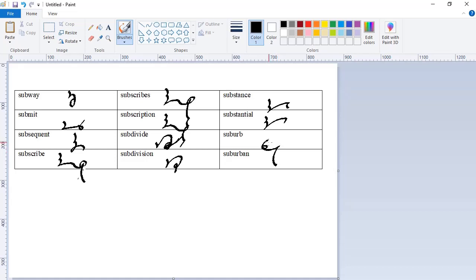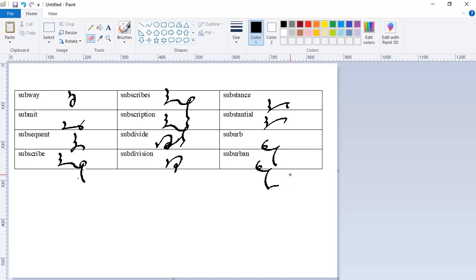Okay, kasi wala tayong serb. Meron bang serb na word sa English? Wala. So suburb yan. Next, suburban. Suburban.